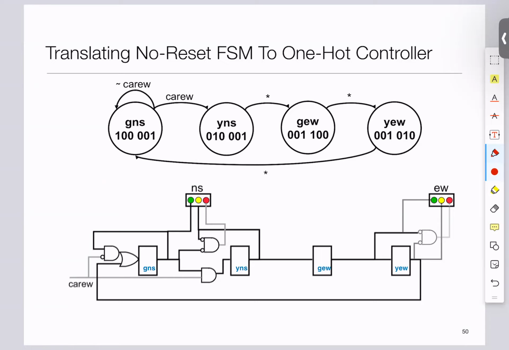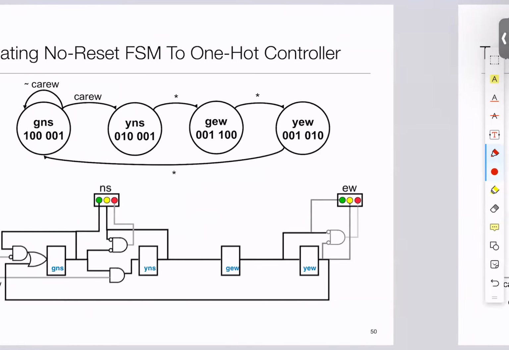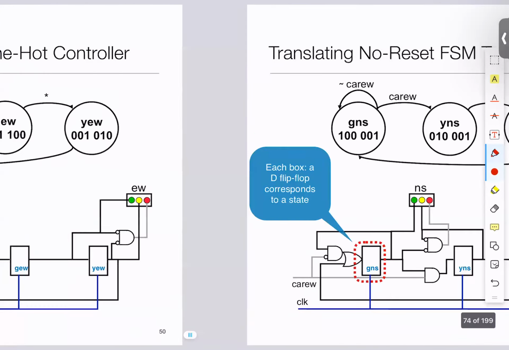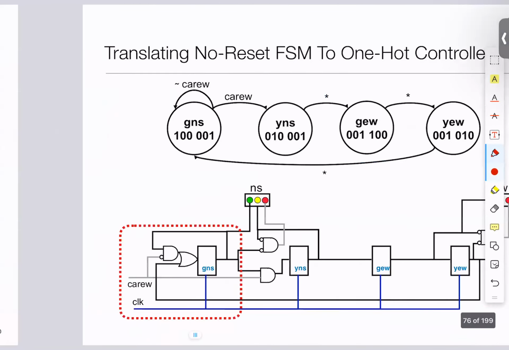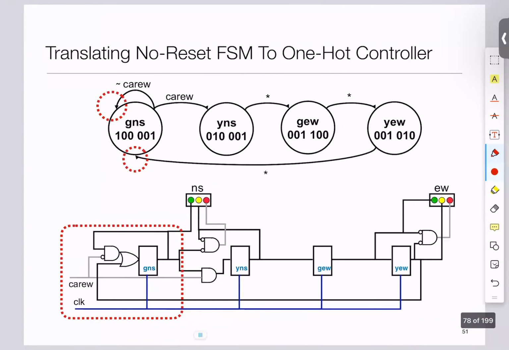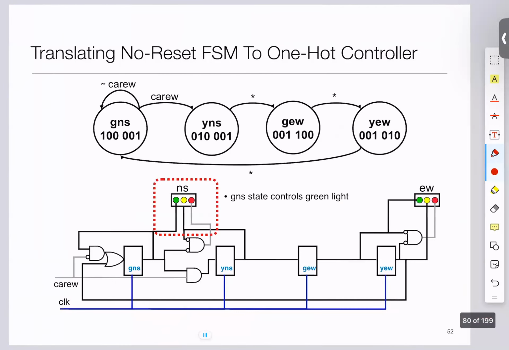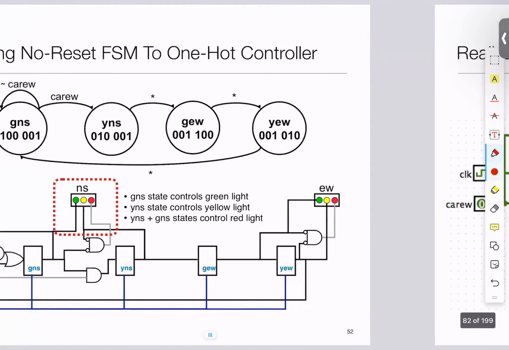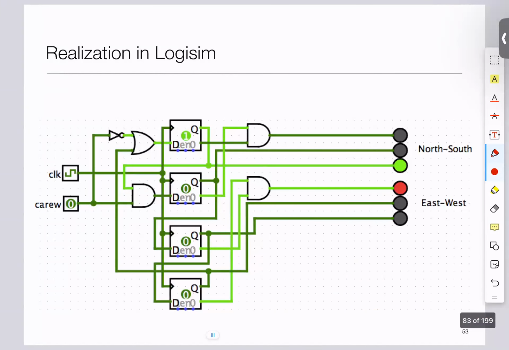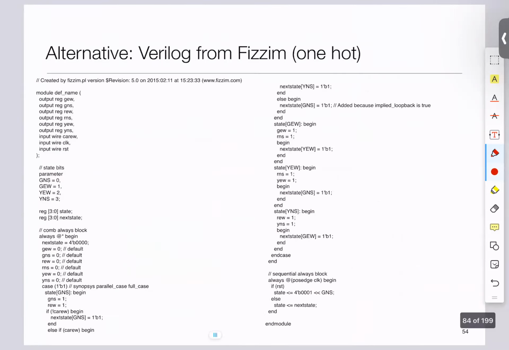Or I can add the reset signal to this logic, which I won't do, but one can modify that. Okay, so I've walked through this one. And if you build this in Logisim, it works. In Logisim, the flip-flops have both set and reset, so one can conceivably work with that.